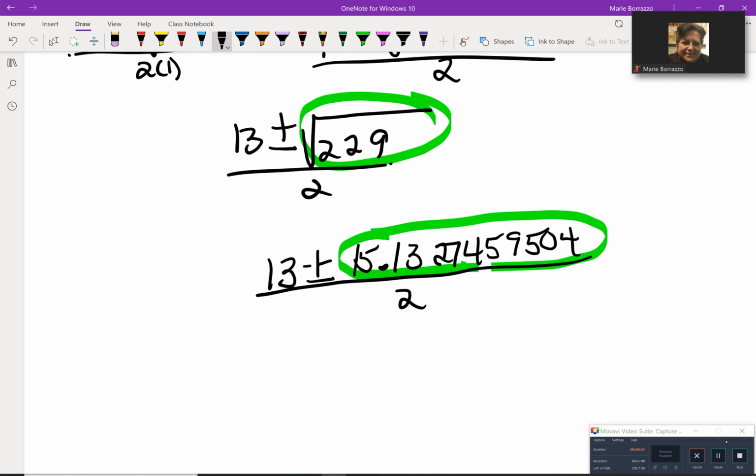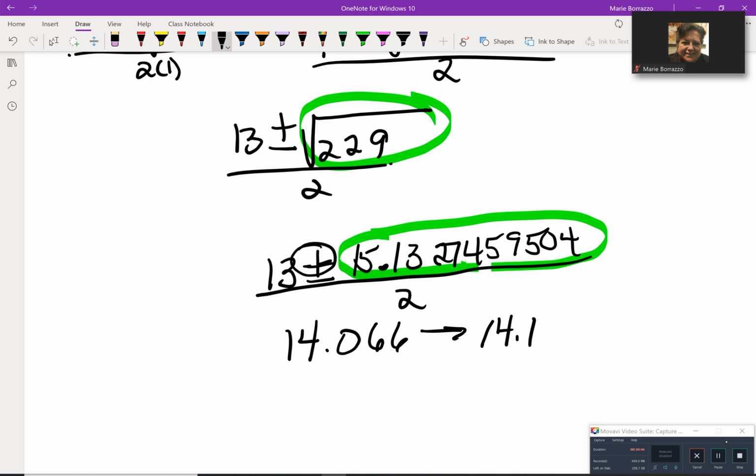Obviously, it's not going to be the 13 minus, because the negative 2 divided by 2 will give you negative 1, and there's no such thing as negative time. So this does give me, as a sum, if I do the plus only, after I divide it by 2, I get 14.066, which I would round to approximately 14.1.